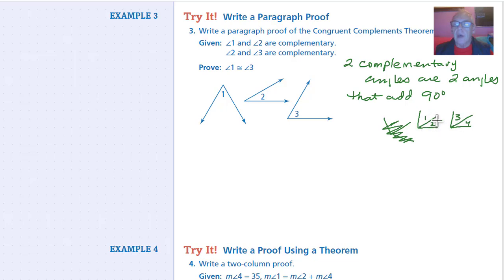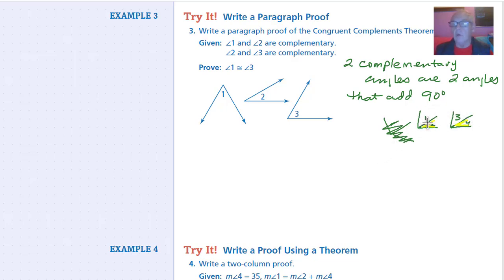So let's say that angle 2 and angle 4 are congruent to each other. So since angle 1 and angle 2 need to add up to 90, 3 and 4 also need to add up to 90. If 2 is the same as 4, 1 must be the same as 3.